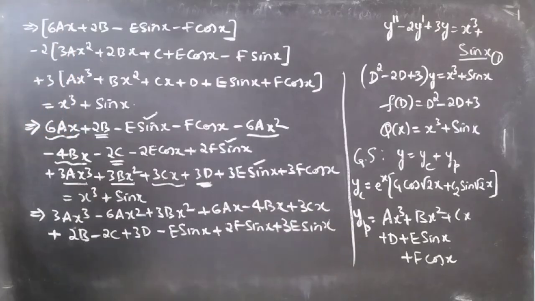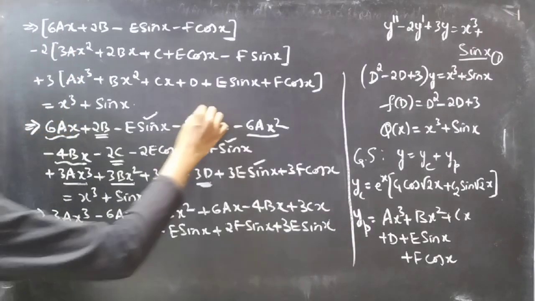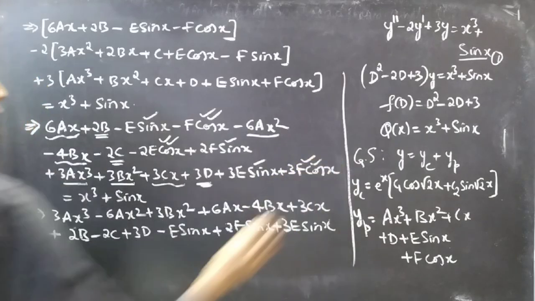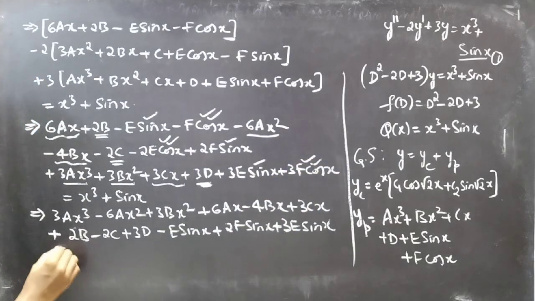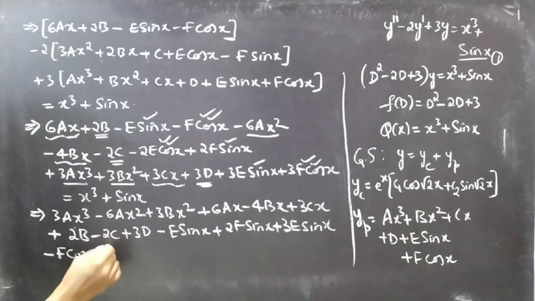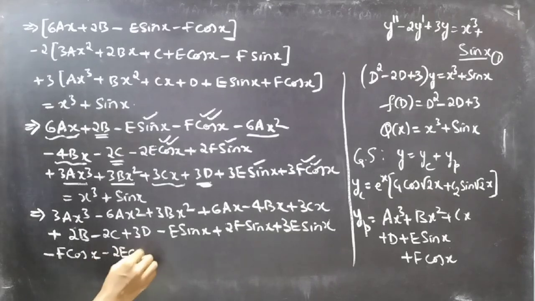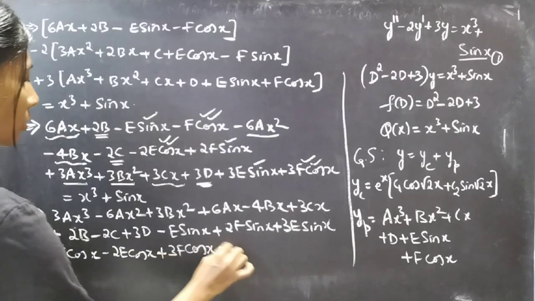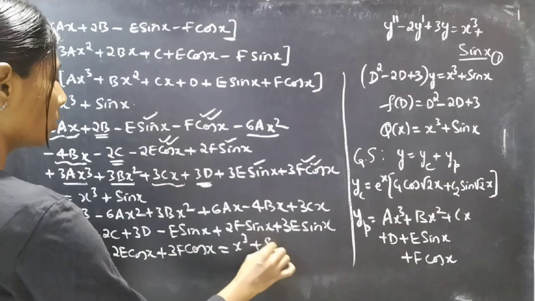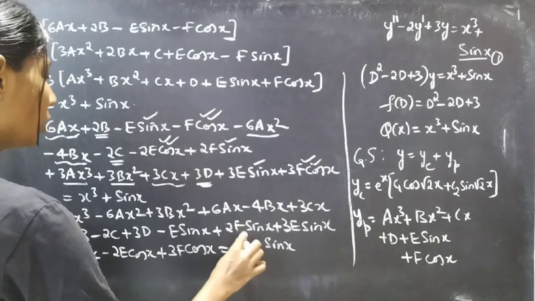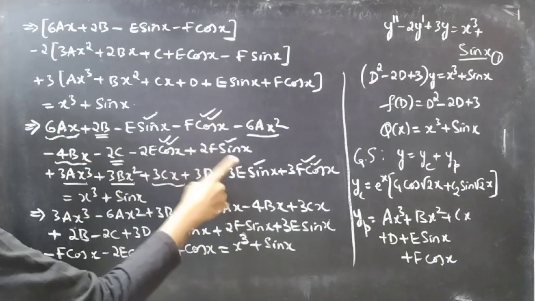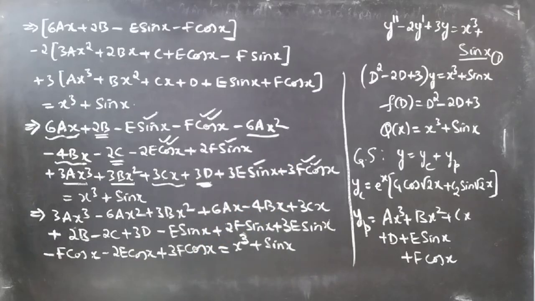Now write the terms involving cos x: minus f cos x, minus 2e cos x, plus 3f cos x, equal to x cube plus sin x, right? We have covered all the terms, right? Fine.